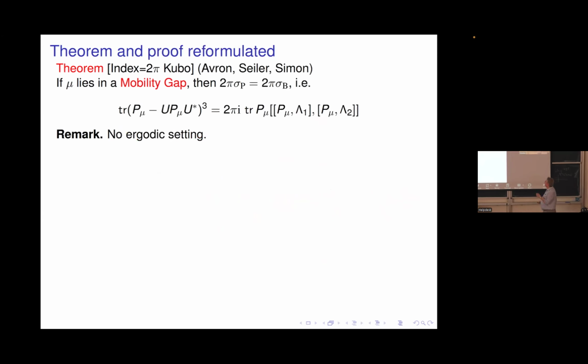The proof is by non-commutative geometry, and then Avila and Simon returned to that and proved it even without the probabilistic setting. In a sense, the statement is the same, just spelled out. Here, sigma_P is spelled out as the index of the pair of projections, written like this. And here you see again the Kubo formula.